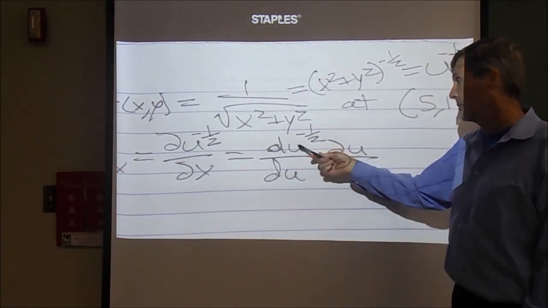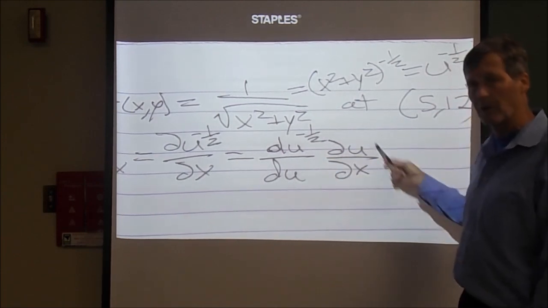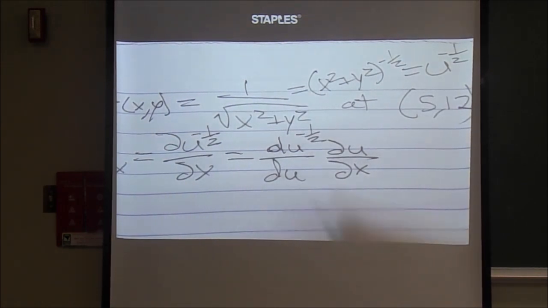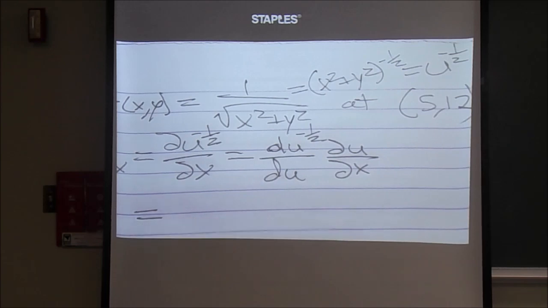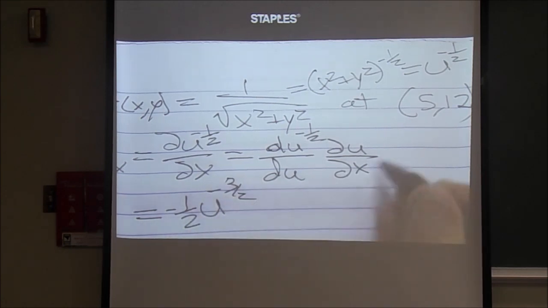And so it's the usual chain rule, the derivative of u to the minus 1/2 times du dx. It's just to write this one as a partial derivative because u is a function of more than one variable. If you don't get the notation right, I'll probably mark it on your paper, but I probably won't count off as long as you get the answer right. The derivative of u to the minus 1/2 is minus 1/2 u to the minus 3/2 du dx.